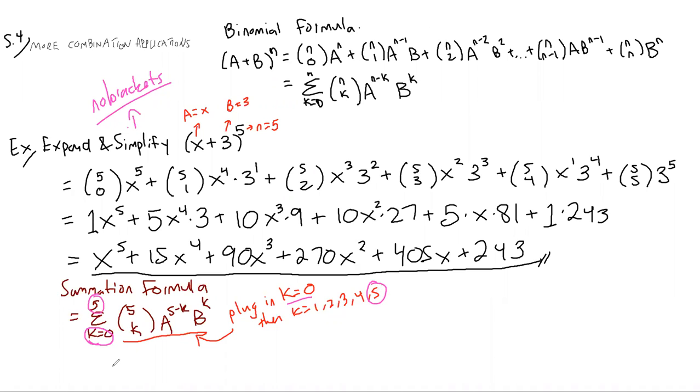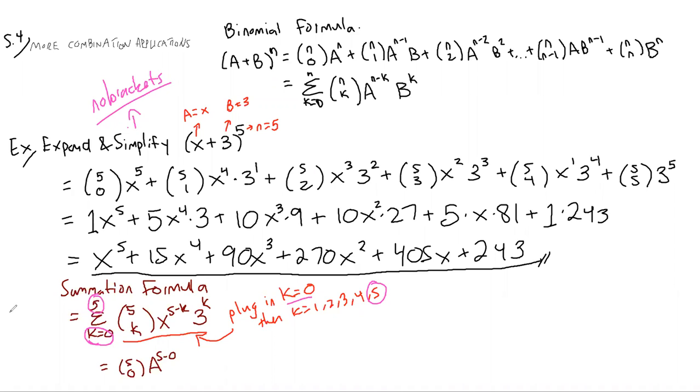And so if I do these expansions, I'll get the first one, k equals 0 will be 5 choose 0. So my a to the 5 minus 0. Actually, I'm just going to go through and change the a and the b into my x and my 3 at this point. So that'll be x and the 3.